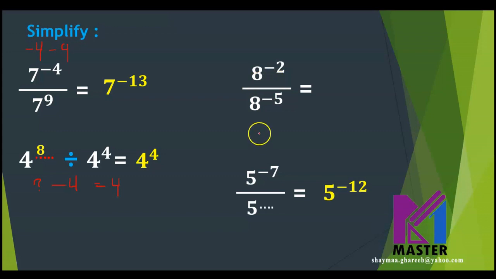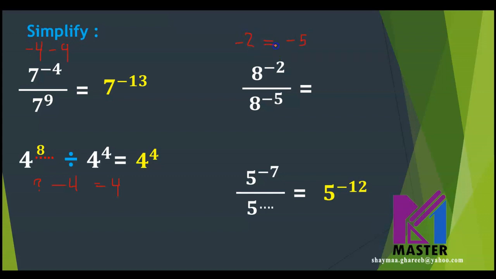Now let's look at this example here. 8 to the power of negative 2 over 8 to the power of negative 5. We are going to subtract the first power, negative 2, minus the second power, which is negative 5. So I have negative 2 minus negative 5.